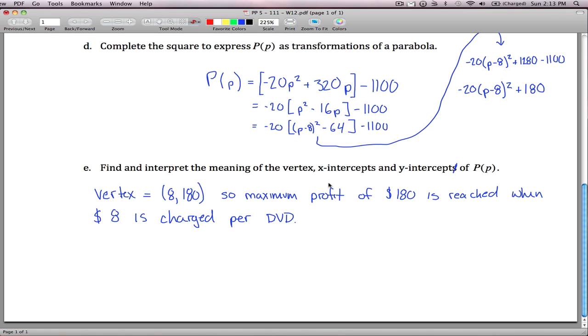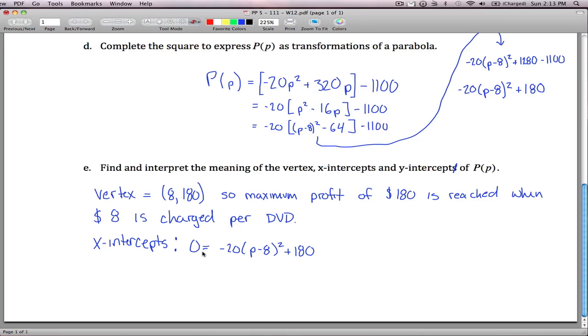The x-intercepts come when, let's see, I guess I'll write this here, x-intercept. That comes when y equals 0. So y is this function out here. So to find the x-intercepts, I say 0 is equal to my function. I'm going to use this form of the function, negative 20 times p minus 8 squared plus 180.